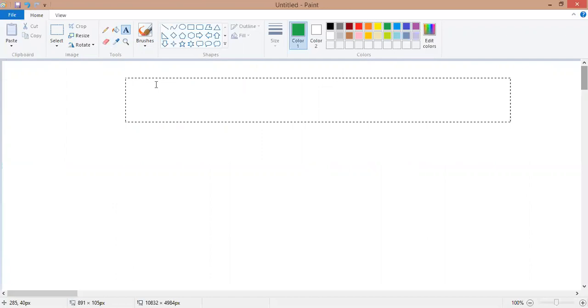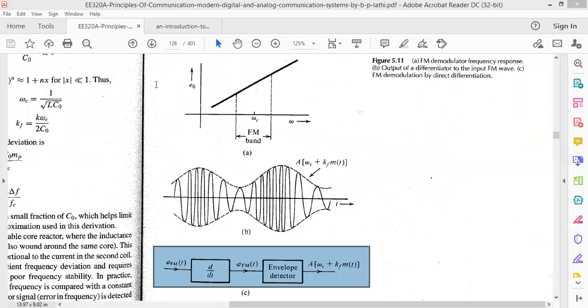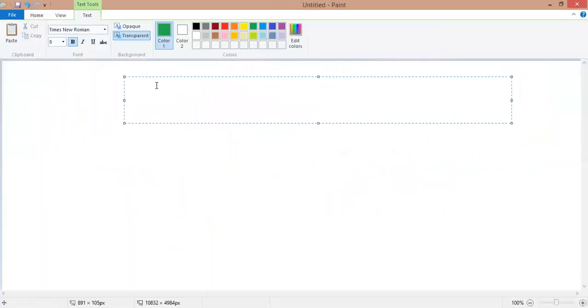If the received signal amplitude is varied initially, not after the differentiator, due to some other undesired term added through the channel, then the amplitude may vary accordingly with respect to time, which is undesired for an FM modulated signal.